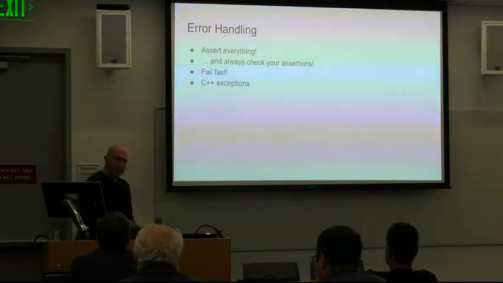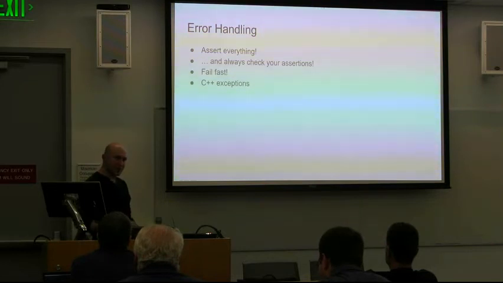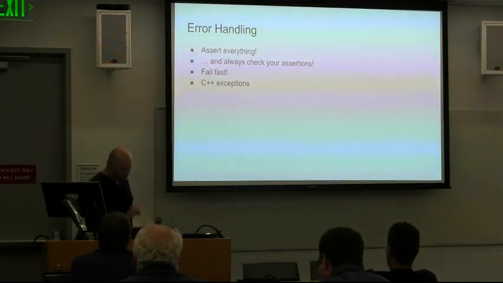Obviously, there's an overhead to shipping with the asserts enabled, but there's a lot of value. There are some places where you can make a case that you don't really want to have asserts enabled. But I would claim that for the majority of the code, you want to ship with the asserts enabled.